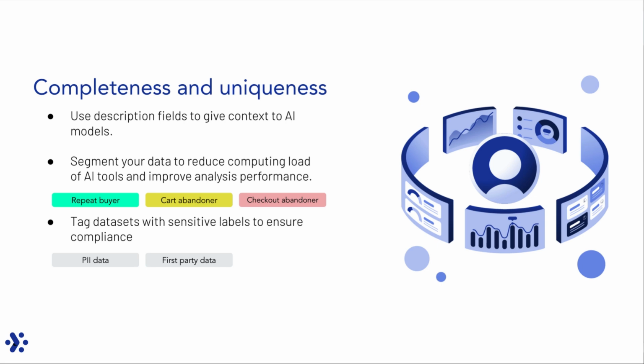This is also really handy if you ever need to audit your data usage, just to prove that you are handling sensitive data responsibly. Tags are a great way to help simplify the process of tracing how data is used across your tools and your systems. But all in all, I would say the context and tagging here are really helpful both for AI models, but also the actual humans analyzing your data. So definitely recommend applying these and just keeping up with them when you can.